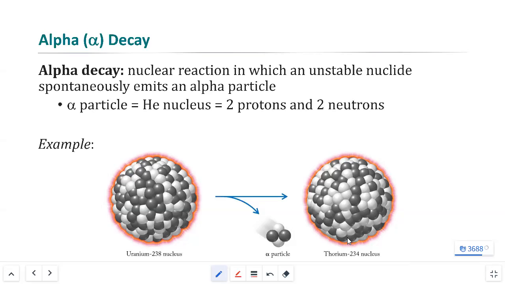The alpha particle is not just a particle. It's a nucleus. It's got 2 protons and 2 neutrons. If that sounds familiar to you, that's because basically that's what helium is. The only difference between an alpha particle and helium is the electrons. Helium has 2 of them, an alpha particle doesn't.